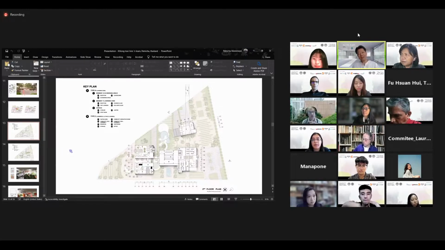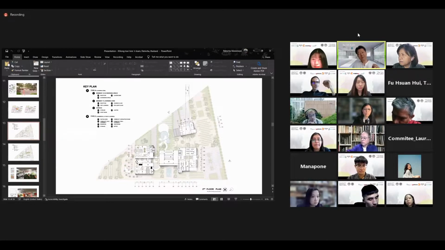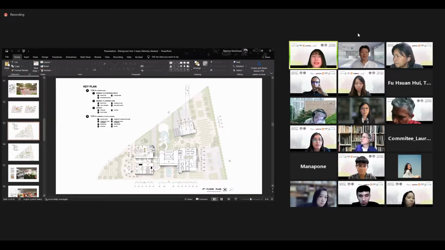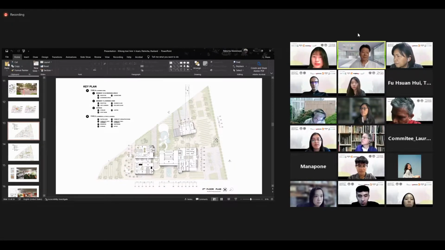But I think there are some different communities in the slum. Do you think about it? No. Like the communities in the slum, the diversity inside it, right? Yeah.